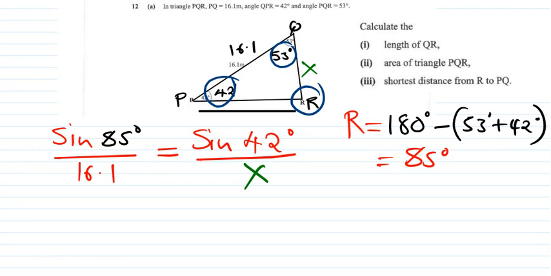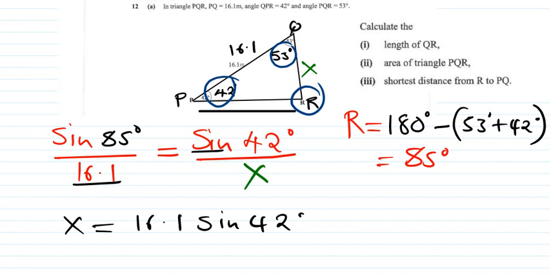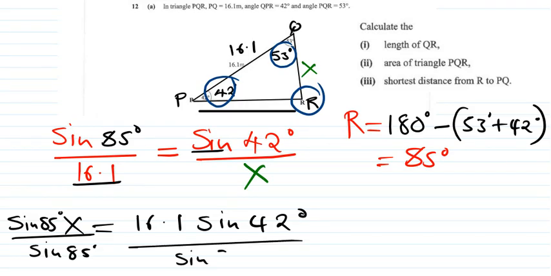Now the value of x will be easy for us to find. x is going to be 16.1 multiplied by sine 42 degrees, since x is multiplied by sine 85. We divide both sides by sine 85 degrees so that we only remain with x on the left.